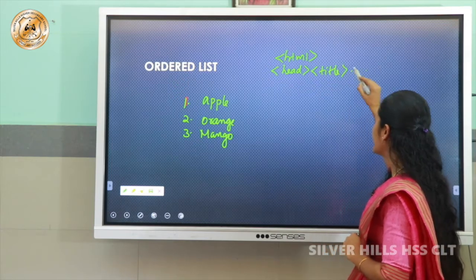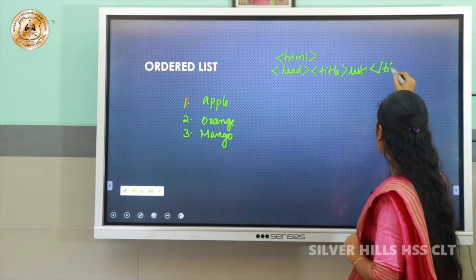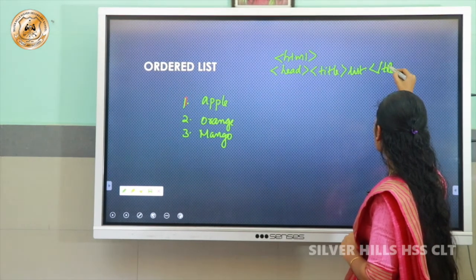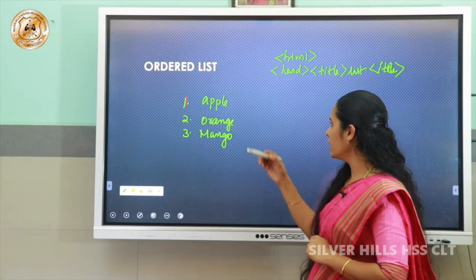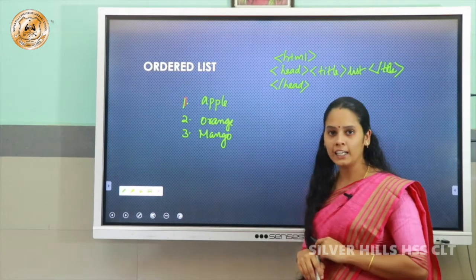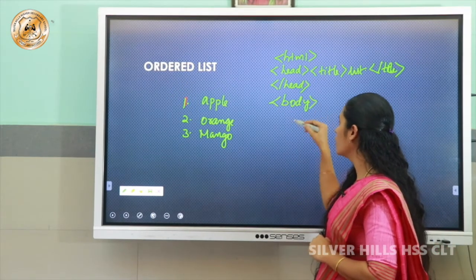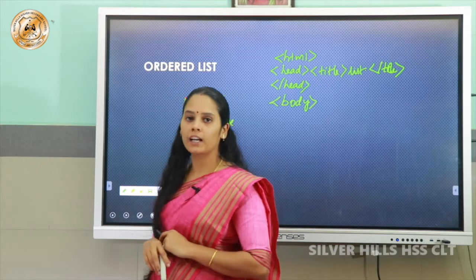You can write any title, so I am writing it as list itself, and then close title. Then after writing the title, you can close what? Head. Then after closing head, you can start which one? Body. So in body, if you want, you can specify the background color and so on.